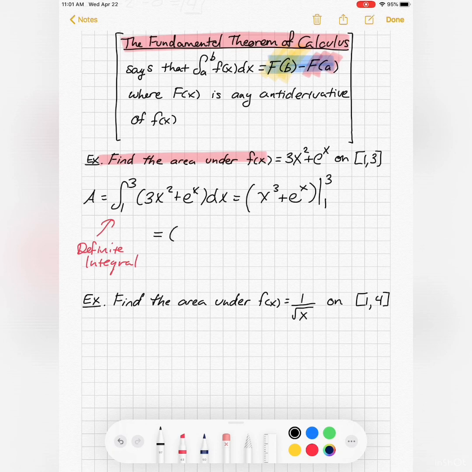So now I'm using this. To evaluate that, I plug the top limit, the upper limit, in. It's 27 plus e cubed. And then I subtract, I evaluate at the lower limit.